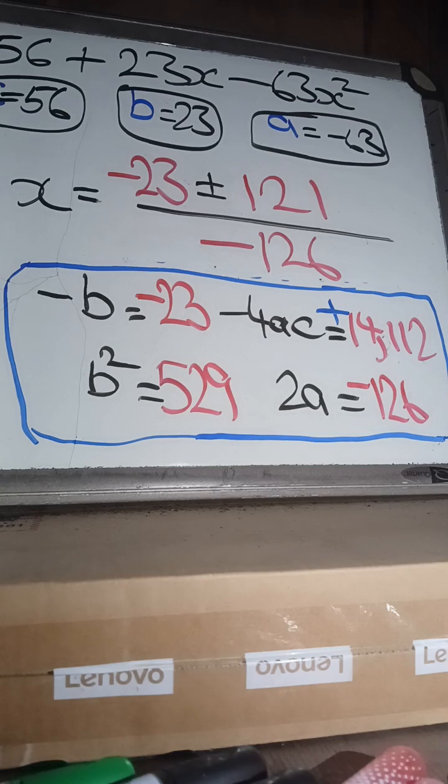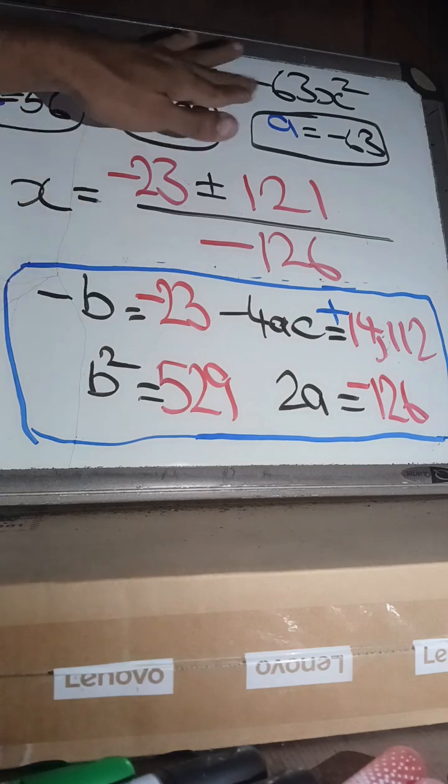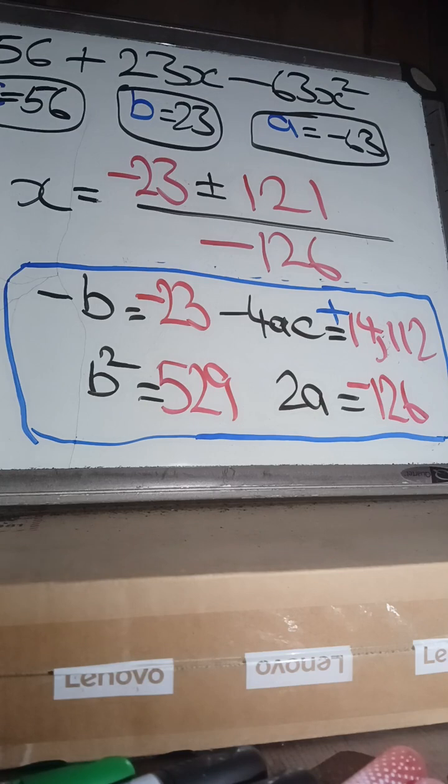I just wanted to know if it could work with a negative a, and it actually worked. It actually worked itself out. I've never done it using the a as a negative before, because usually we're accustomed to having this on the other side.